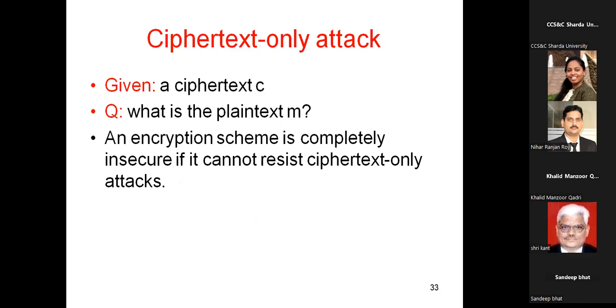Ciphertext only attack. What is the definition I am putting here? Given a ciphertext C, what is the plain text M? If it can be found, the encryption scheme is completely insecure. Any encryption scheme becomes completely insecure if it cannot resist a ciphertext only attack.